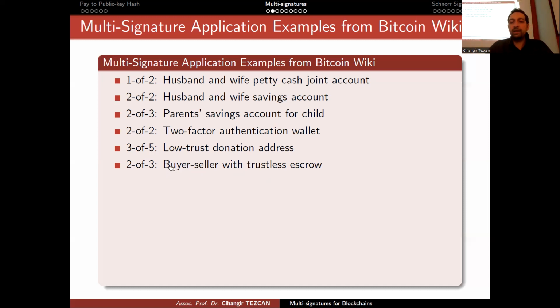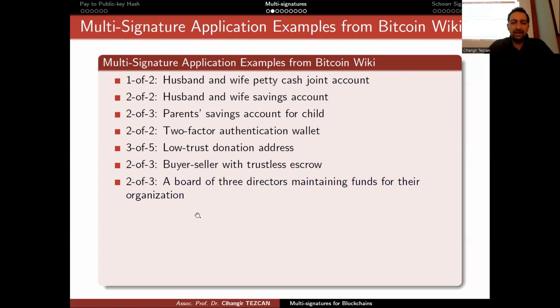So for instance, when the buyer pays the money and performs this transaction and sends the money to these 3 public keys, and if the seller is misbehaving, the buyer can convince the escrow. So the escrow signs the transaction with the buyer and sends the money back to the buyer. So this is how it works. And here the escrow cannot do anything by himself because one signature would not be enough. So this is the idea.